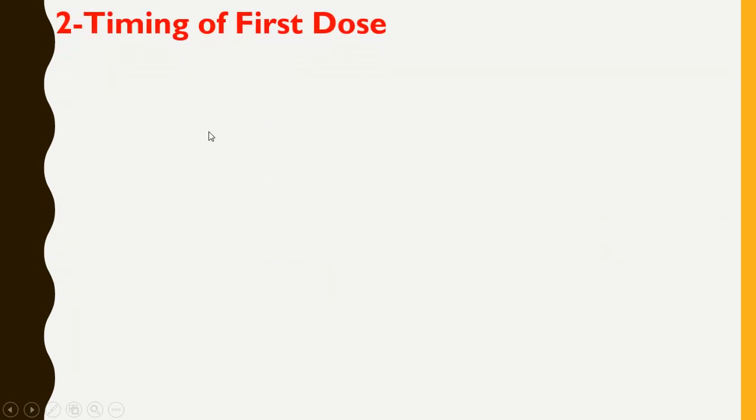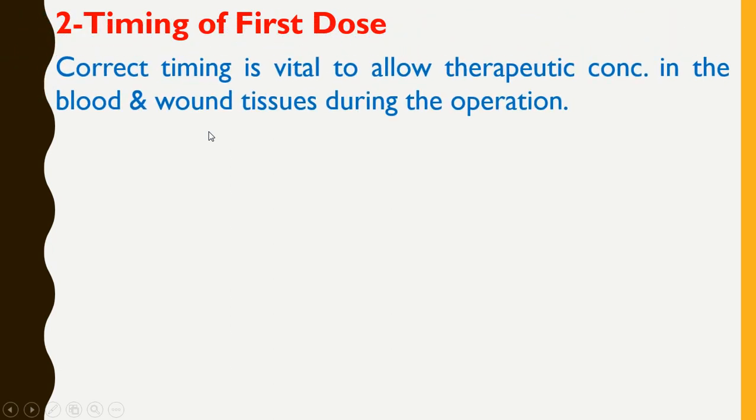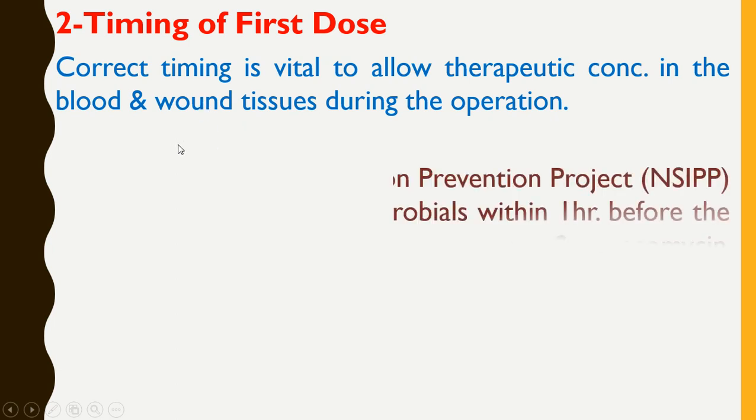Timing of the first dose. Correct timing is vital to allow therapeutic concentration in the blood and wound tissue during the operation. So we must give the antibiotic at a precise time.